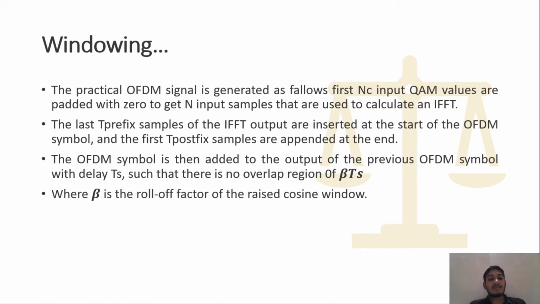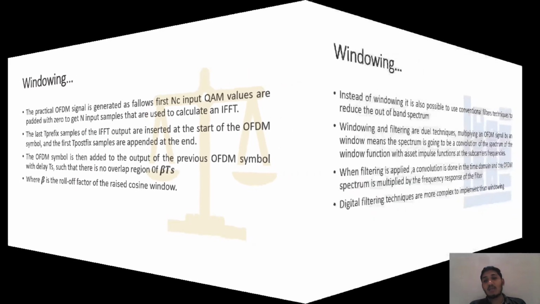The last T prefix samples of the IFFT output are inserted at the start of the OFDM symbol, and the first T post samples are appended at the end. The OFDM symbol is then added to the output of the previous OFDM symbol with a delay Ts, such that there is an overlap region of βTs, where β is the roll-off factor of the raised cosine window.